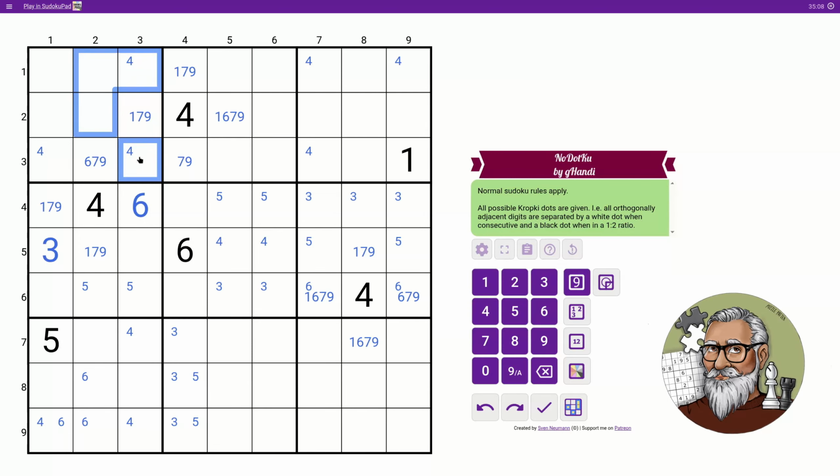Well, this one isn't three. Does that help? If this is three, then none of these is six, but I have two places for a six still.